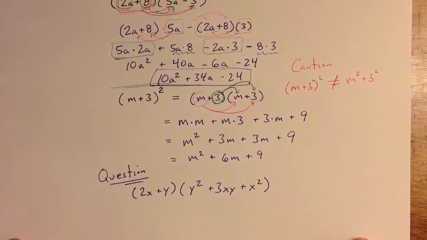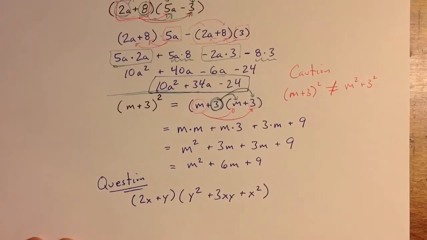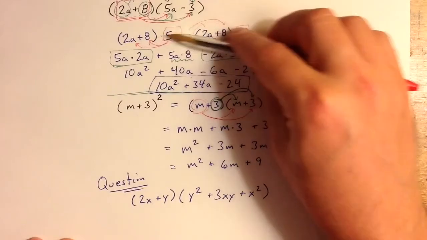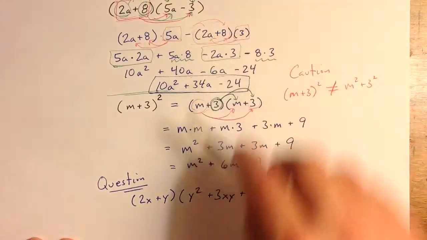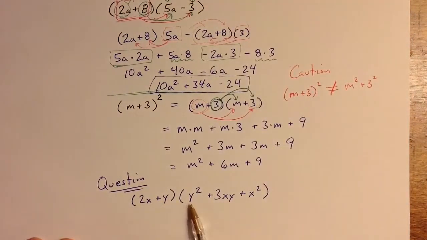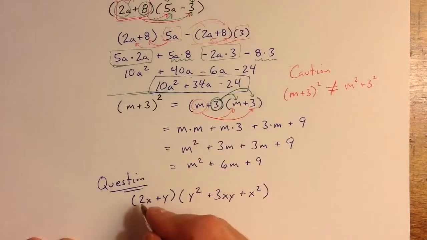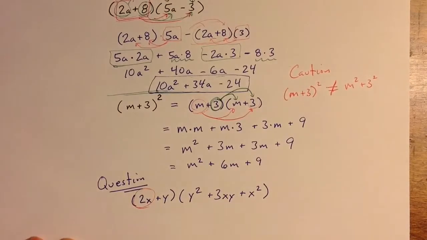Alright, I hope you took some time to pause the video and find an answer. Let's talk about the process of multiplying this out. We could walk through the process as we did in the first example, but I'm going to do what we did in the second example and think of it in the more general way, where each of the terms of the first polynomial multiplies with each of the terms of the second polynomial.